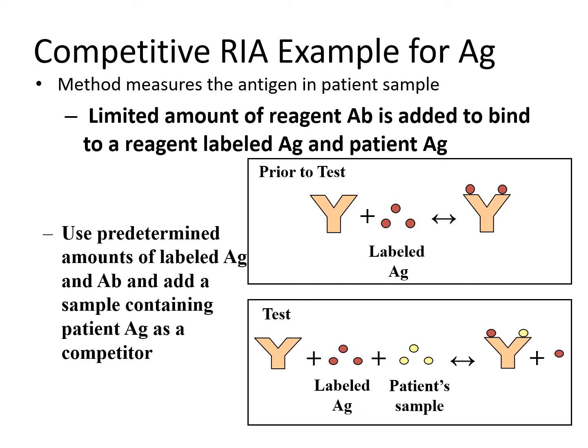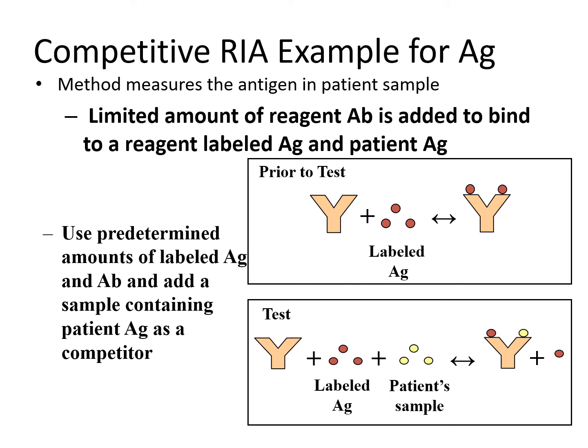Right. So prior to the test, these are the components. We have the antibody and we have the labeled antigen plus the second antigen, which is the patient sample. So the sample contains the second antigen. This is during the test. So what will happen? These antigens, both labeled and unlabeled, will compete for the antibody.